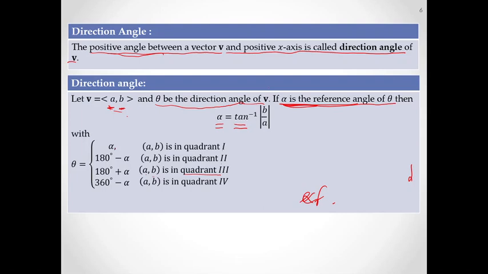Here we find the reference angle, check which quadrant the point is in, then depending on the quadrant we get the angle from the reference angle.